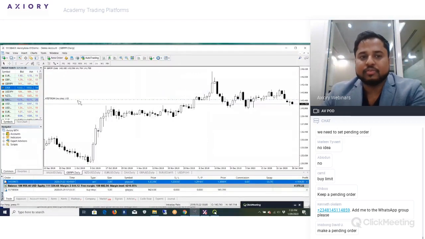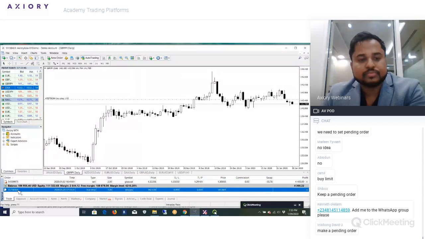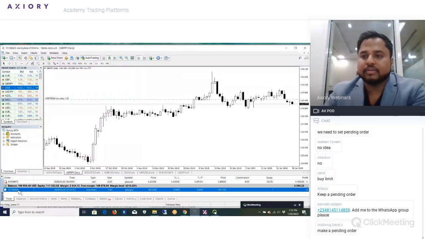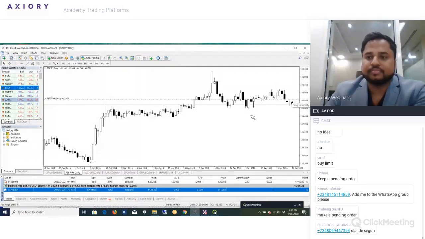Now we can see one line here. The order is here. See here on the bottom of the trade window. It is a pending order. The order is not being executed. So if the price reaches this price, the order will be executed automatically.